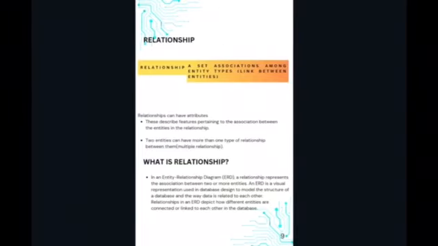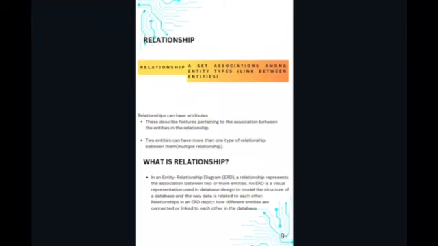Third, we have attribute types by definition. An attribute is a property of an entity or a relationship type. Classification: single-valued is an attribute that holds a single value for a single entity. Next, multi-valued is an attribute that holds multiple values for a single entity.